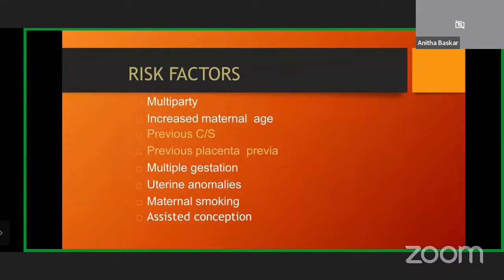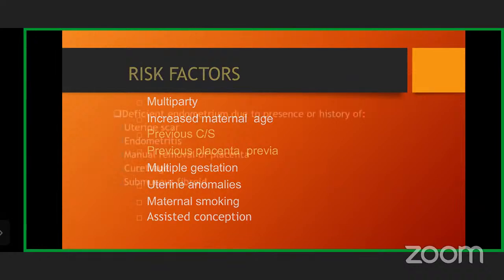It is mainly due to deficient endometrium, due to the presence of endometriosis, manual removal of placenta, and submucous fibroid.